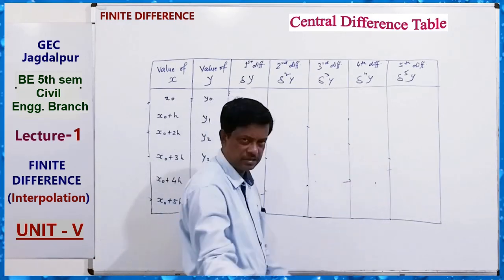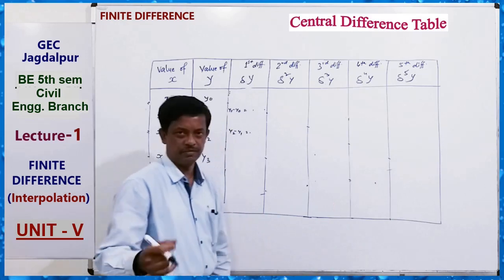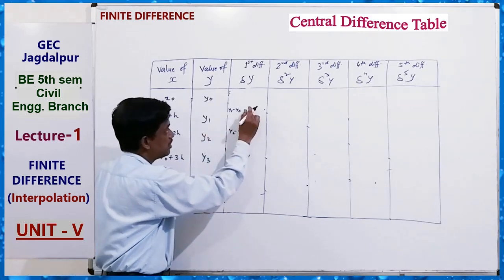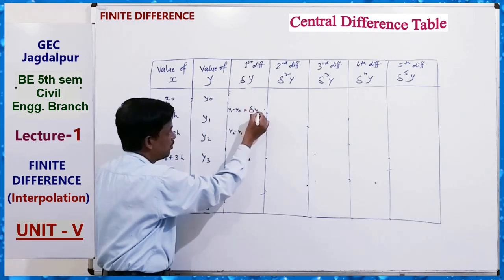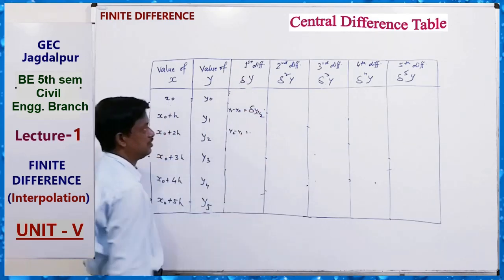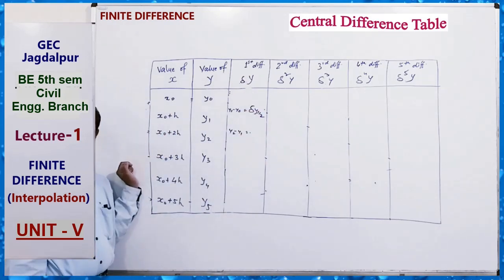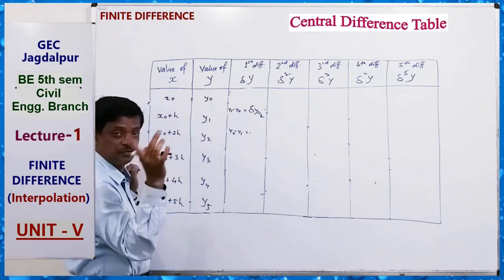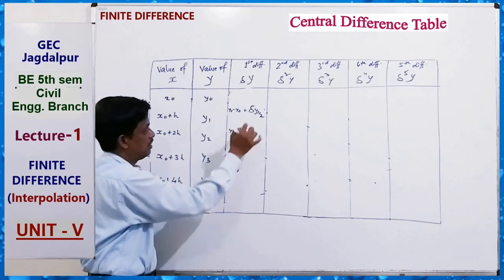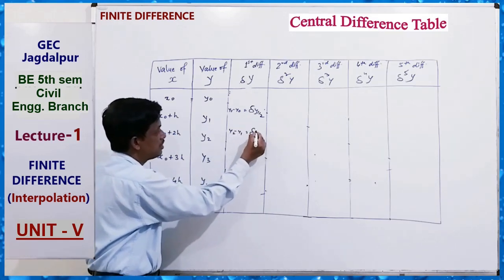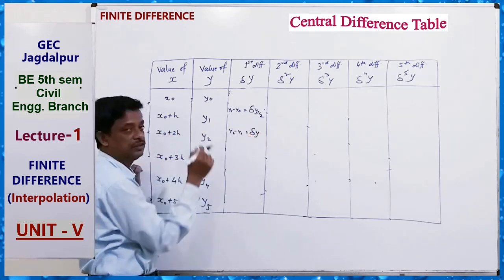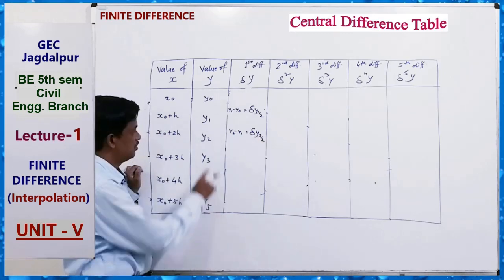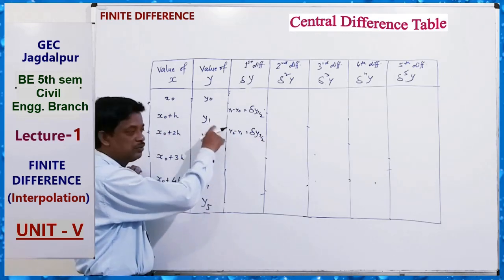This is the process of making the table. So y1 minus y0 means delta y at half, because this minus this means 1 and 0, average 1 plus 0 by 2, half. Delta y half. Then y2 minus y1 gives 3 by 2.